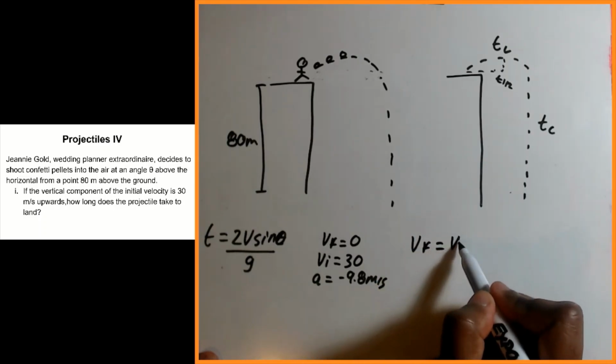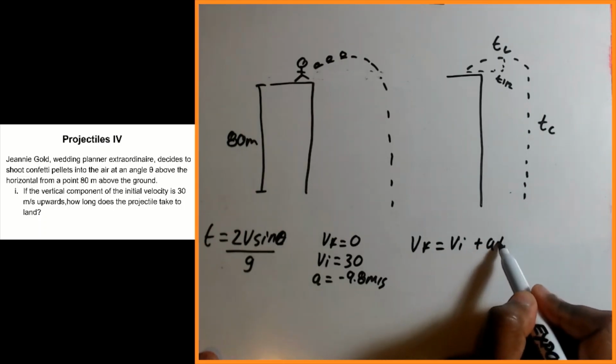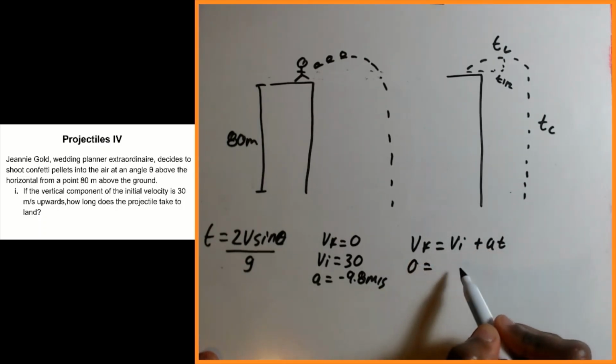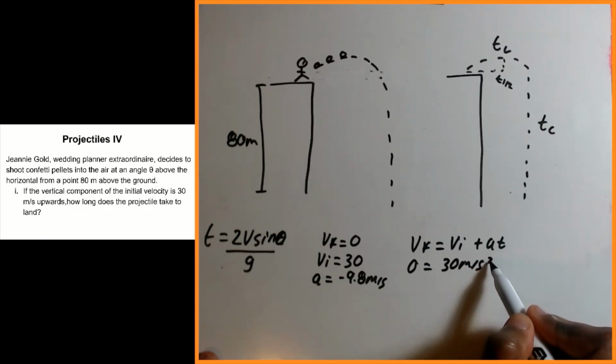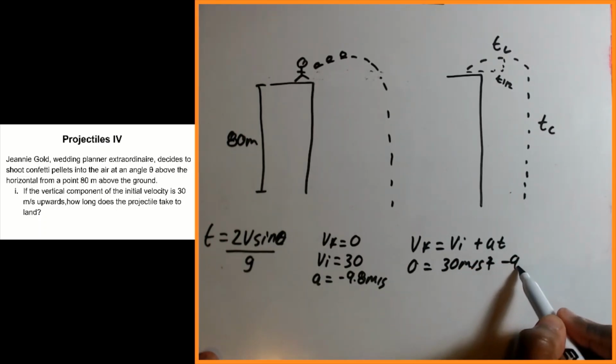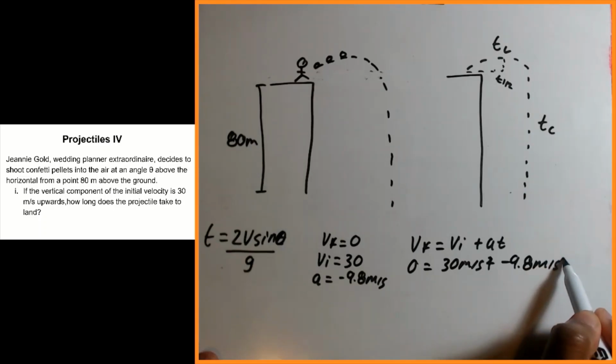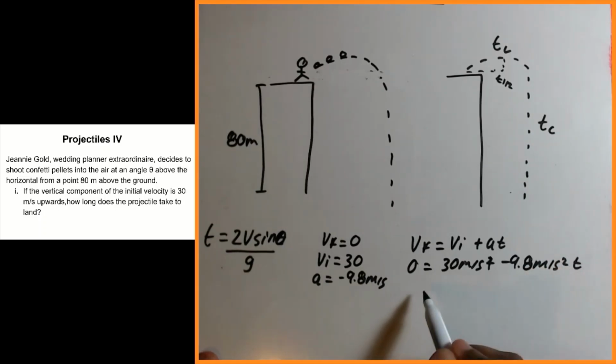VF is equal to VI plus AT, and let's plug these values in. So we get 0 is equal to 30 meters per second plus negative 9.8 meters per second squared times t.